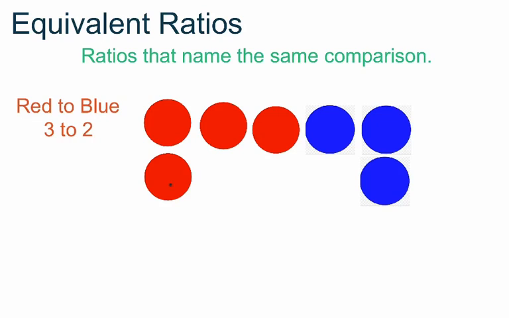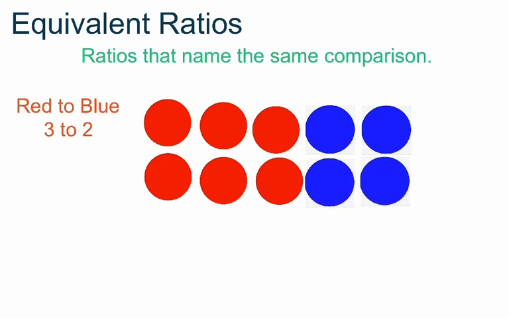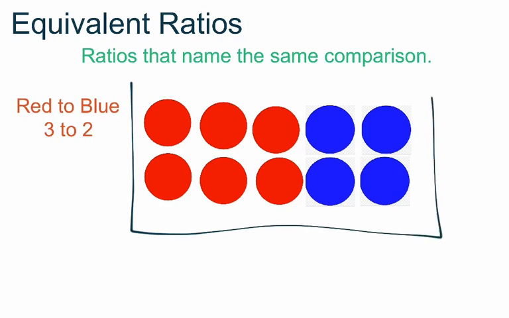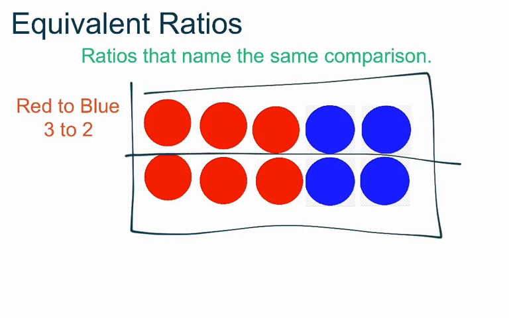So if I want to continue working with this ratio and adding to it, I actually am going to have to add 3 reds, and there's no way around that. If for every 3 red there are 2 blue, then for the blue I would have to make sure I've added 2 blues. Now when we look at these two groups of dots here, we can see we've created another duplicate of our original ratio.